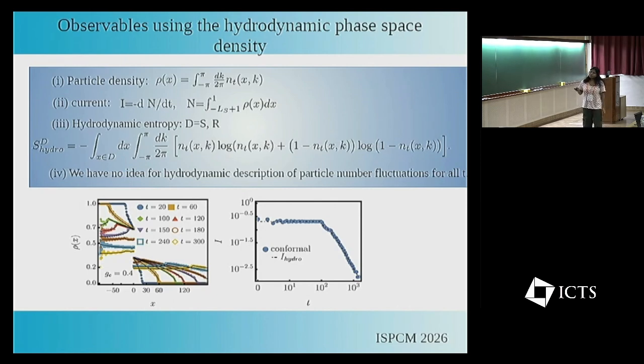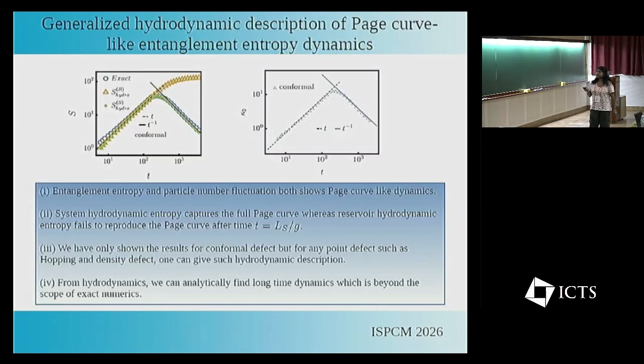This is the plot showing the matching of the particle density and the current between exact numerics and hydrodynamics. You can see that hydrodynamics captures the particle density and current for all times. It misses some of the oscillations, but in a coarse-grained manner it captures the physics very well.